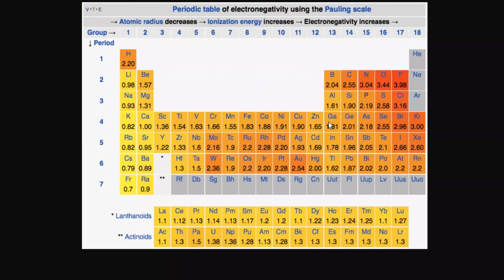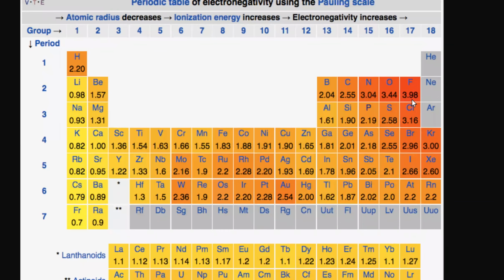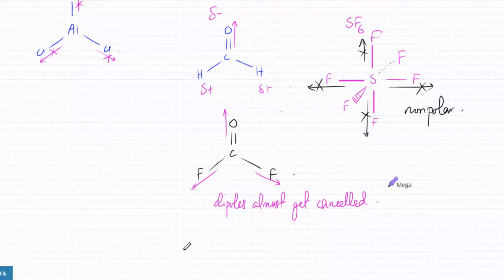You just have to know that the corner is electronegative. So you can have a look over here. You can see that fluorine is obviously more electronegative, but oxygen and fluorine almost have very similar electronegativities. So the thing that I'm trying to state over here is, that's why I use the word almost, that it's almost non-polar. So we can say it's almost non-polar, or we can say it's very, very weakly polar. You clear?